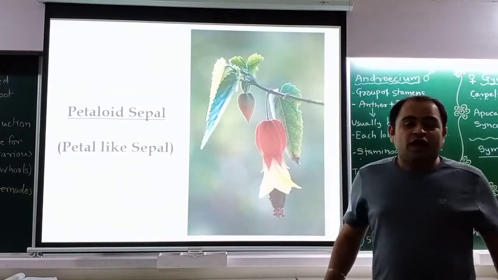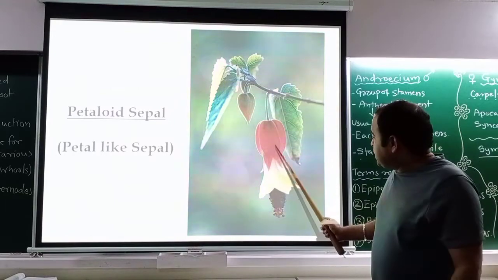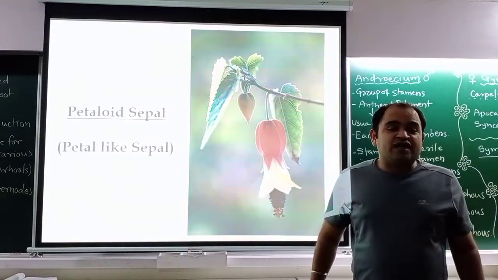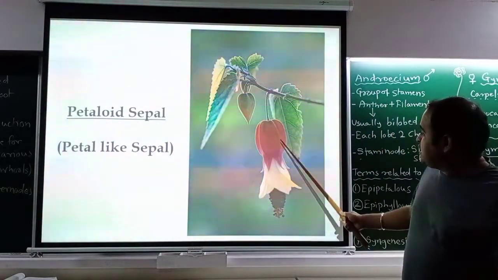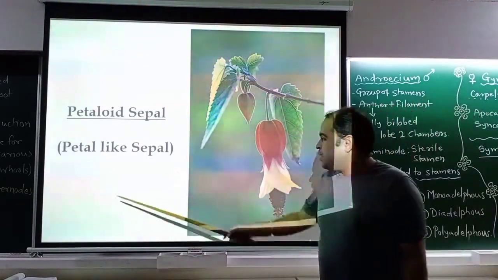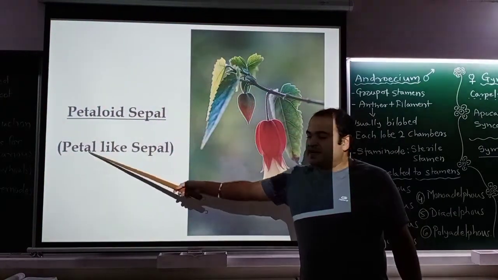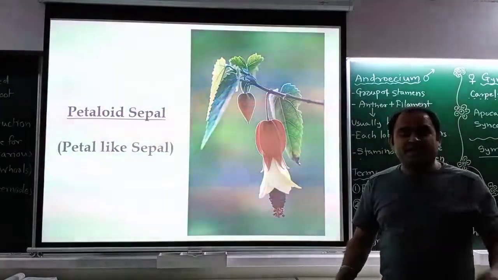So I should change myself in such a way that definitely there will be some colorful display of my calyx. Hence this particular calyx became colorful. When sepal appears like petal, it is petaloid sepal, petal like sepal.